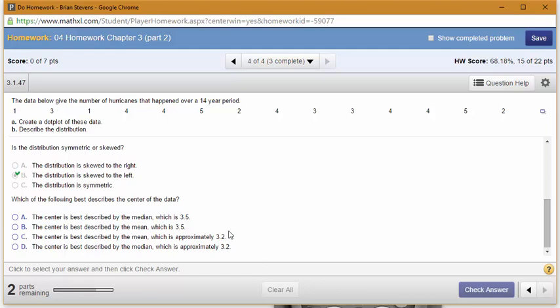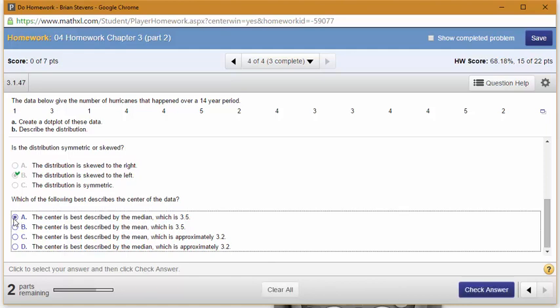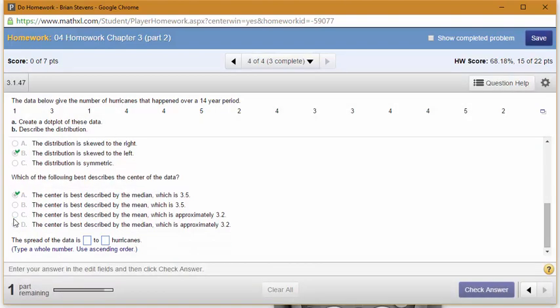You can't get 3.2, and probably that's the answer for the mean. But since the data is skewed, we have to use the median, and the median is going to be the average of 2 numbers, and that is it right there. You could also put them into your calculator again if you want to double check, but remember, when the data is skewed, you use the median. When the data is symmetric, you use the mean for a measure of center.